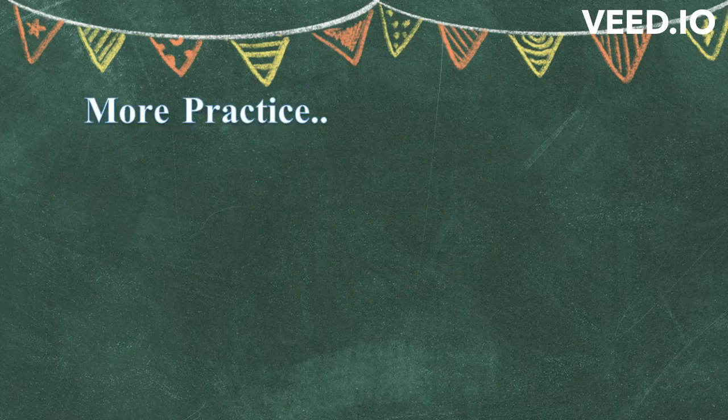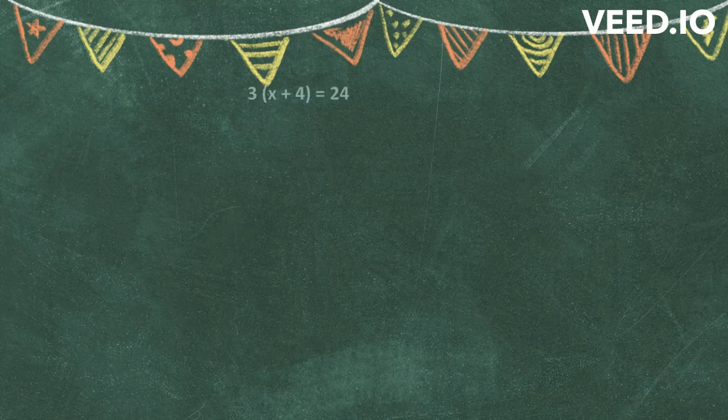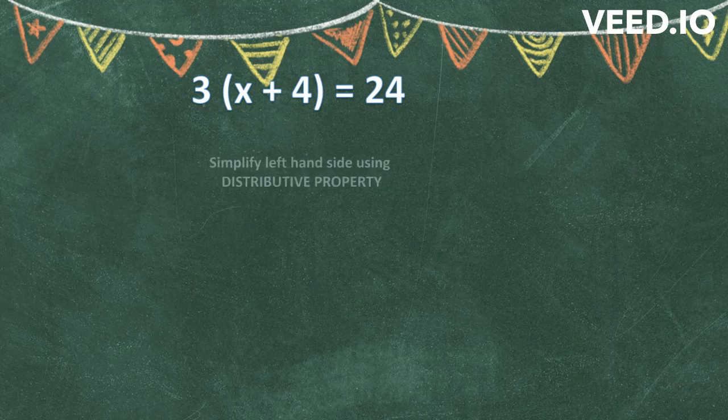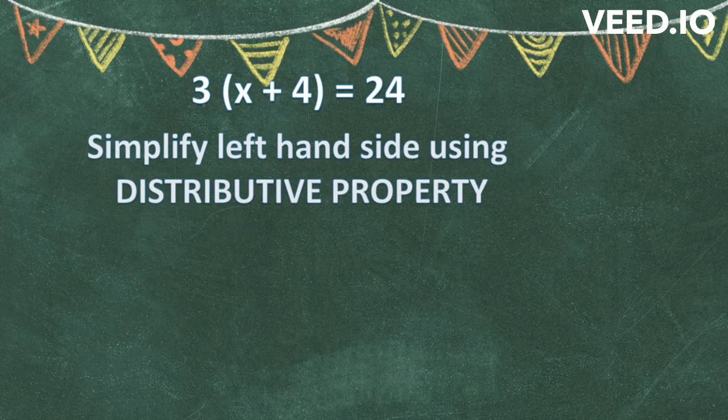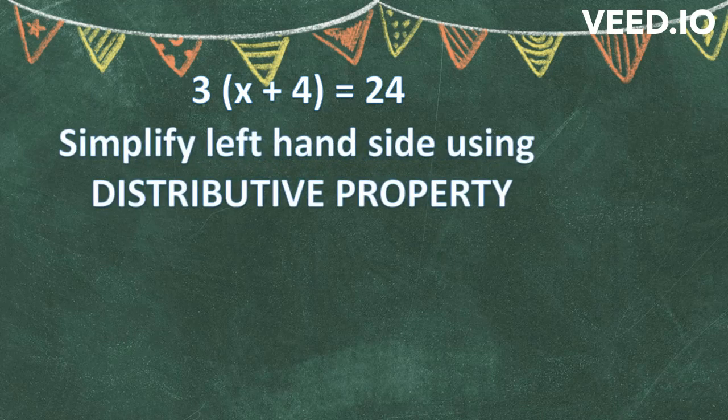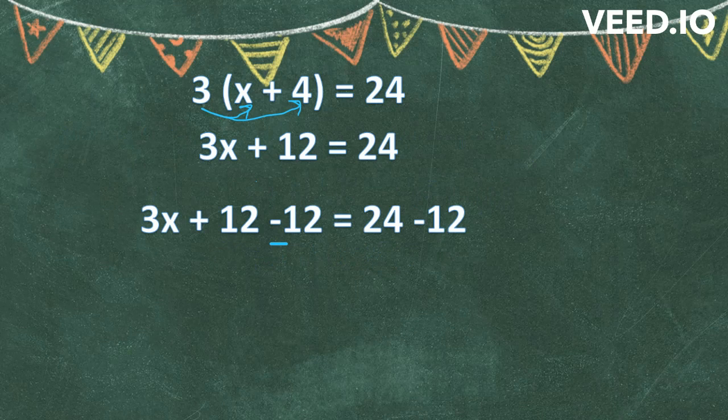Let's practice a bit more. We have 3 times (x plus 4) equals 24. We can apply distributive property to simplify the left hand side. 3x plus 12 equals 24.